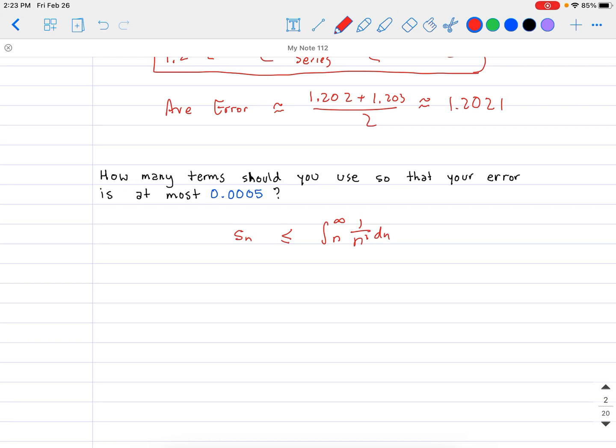And that is supposed to be less than 0.0005. So note how we took the error part right here. This is going to be my series. I want the error right here, which we said is supposed to be the integral from earlier, and we want to say that it's going to be less than 0.0005.